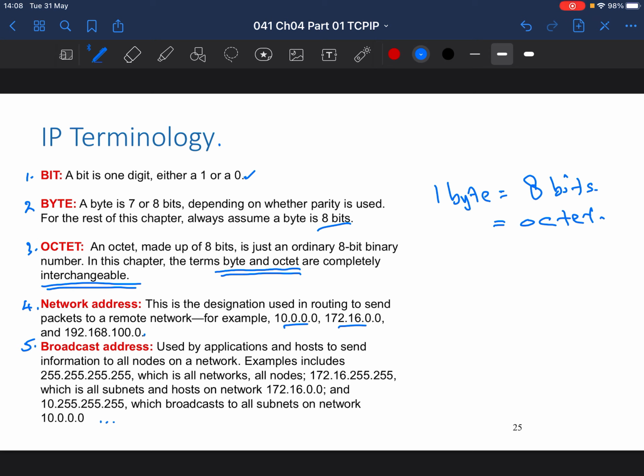Fifth is broadcast address, used by applications and hosts to send information to all nodes on a network.